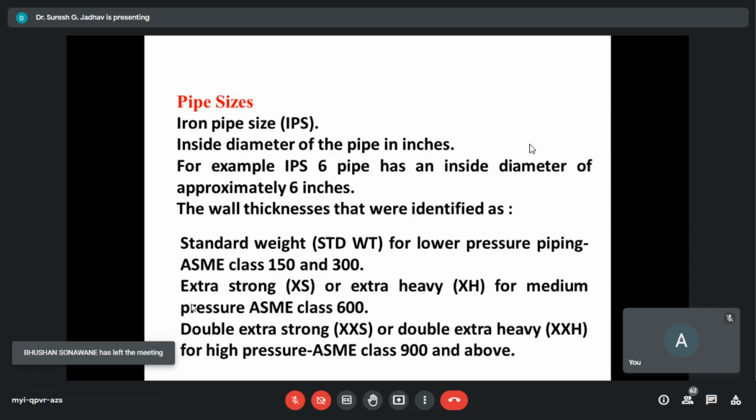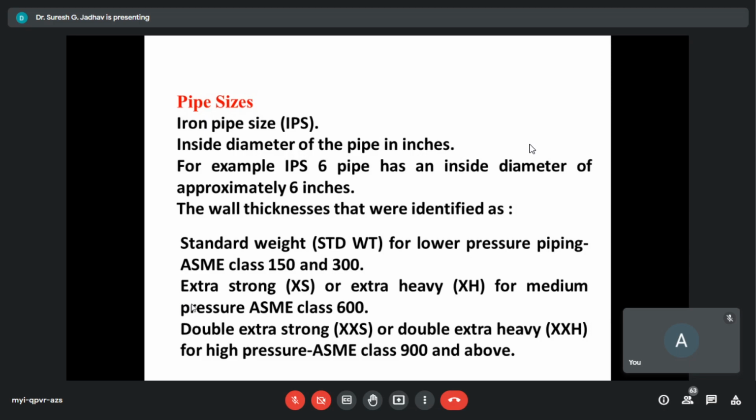And these IPS sizes had wall thicknesses that were identified as standard weight. We can abbreviate standard weight as STD and WT. Standard weight is required for lower pressure piping as per ASME class 150 and 300, and extra strong, denoted by XS, or extra heavy, denoted by XH, for medium pressures using ASME class 600.